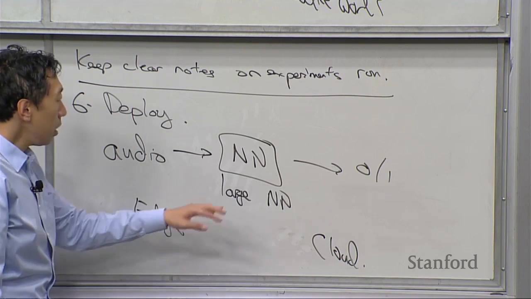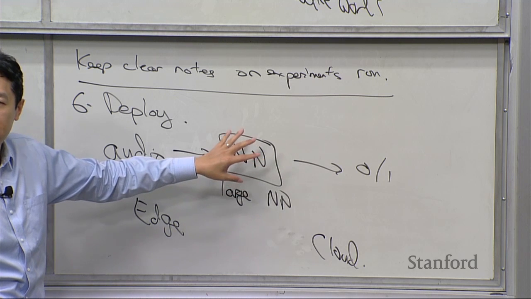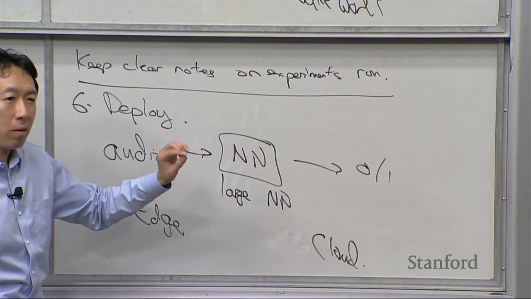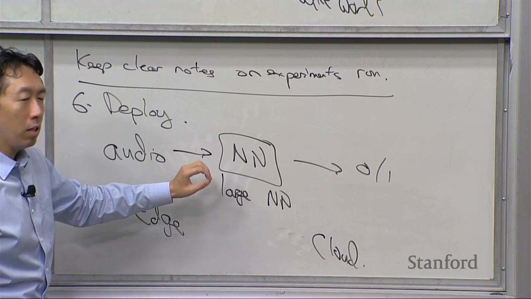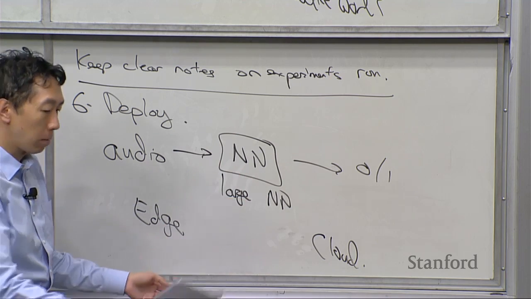And so it turns out that serving up a very large neural network is quite difficult, right? It's very difficult for a low power, inexpensive microprocessor sitting on a smart speaker in your living room to run a very large neural network with a lot of hidden units and a lot of parameters.